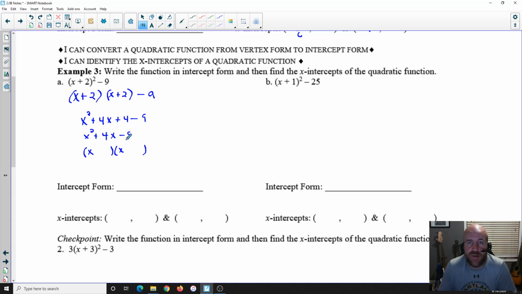And then factors of 5, well, 1 and 5, that's it. Doesn't matter the order, because we have a 1x and a 1x. Now we need a positive 4 out of it, so that is going to be a positive 5 minus 1. It's the only way that's going to work. So there's our intercept form. Now we identify intercepts as 1 and negative 5.